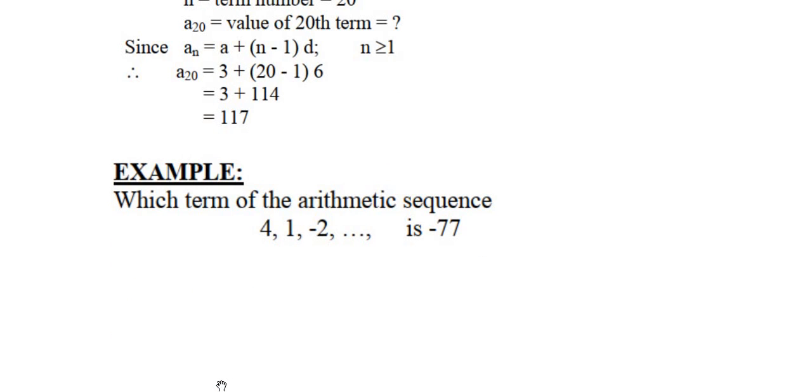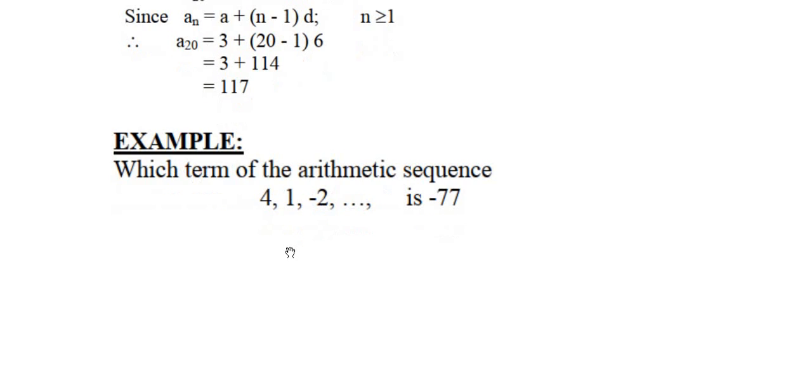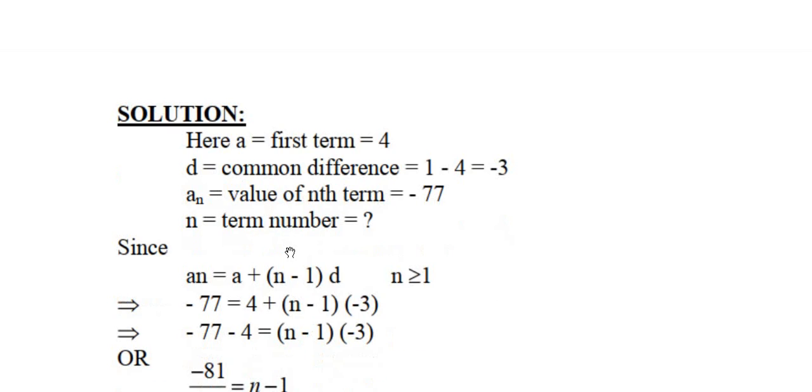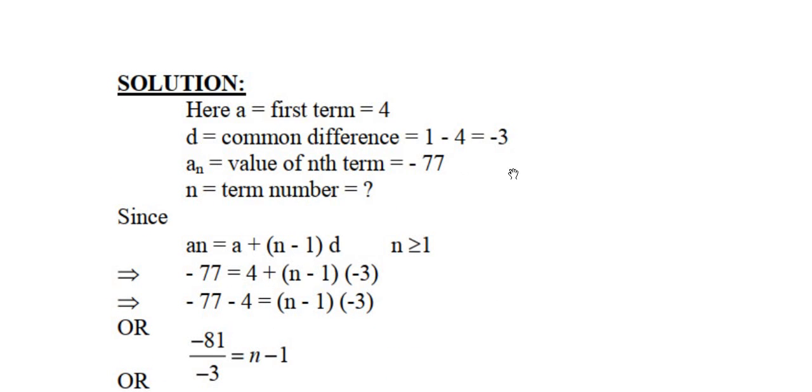Now there is another example. Which term of the arithmetic sequence 4, 1, minus 2 is minus 77? It means here we want to find the value of n. Okay, the value of a1 is 4, and the common difference is minus 3. Okay, we put this information in the above formula.